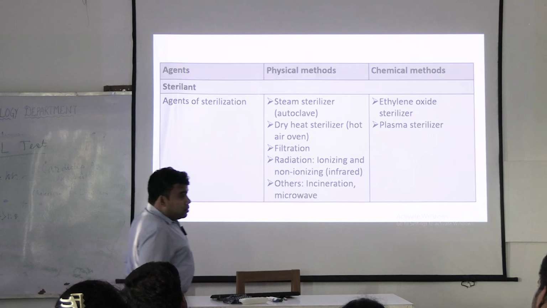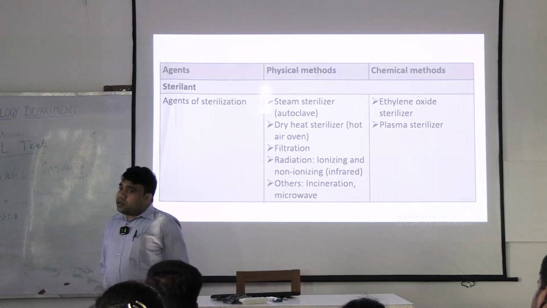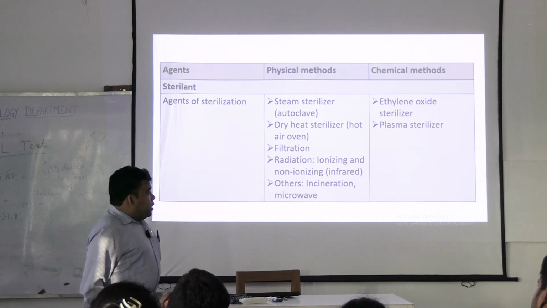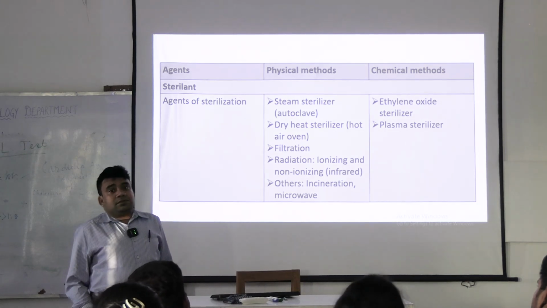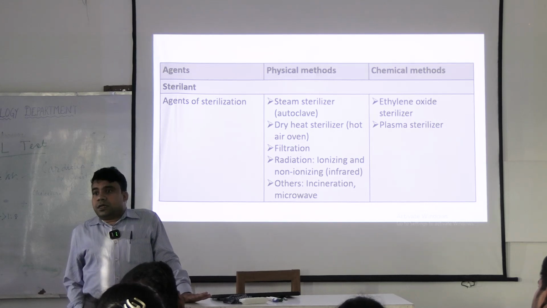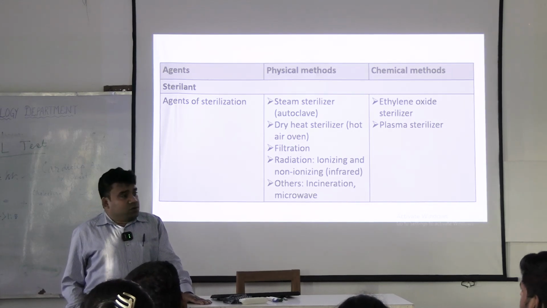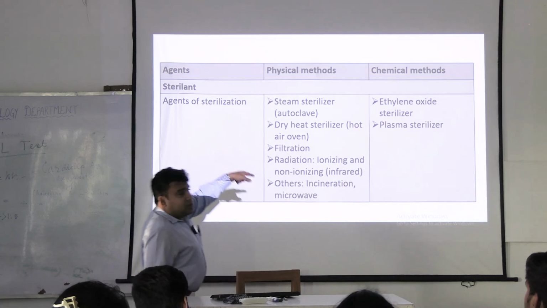Then we have radiation. Radiation could be ionizing radiation, could be non-ionizing radiation, and other methods of heating. One could be incineration. Incineration means to burn. Another is microwave heating, heating with the use of microwaves. So, all these are physical elements.